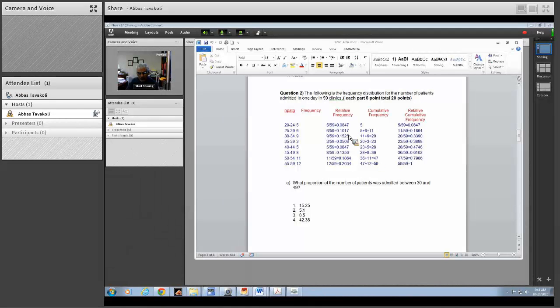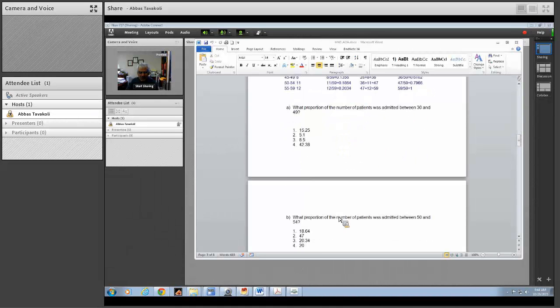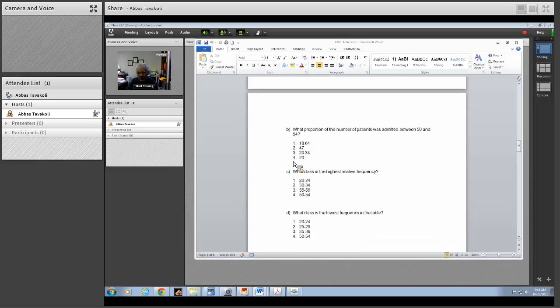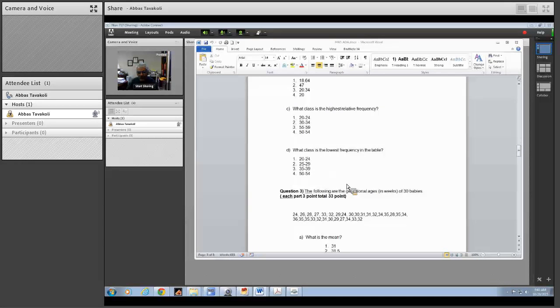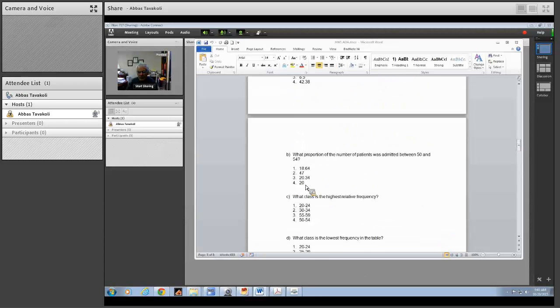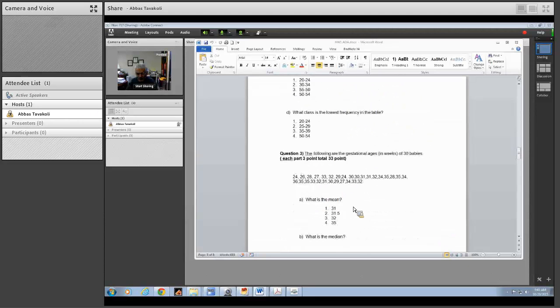You can add up the frequencies and divide by the total, or add up the relative frequency proportions. Then you can easily find, between 50 and 54, which class has the highest relative frequency and which class has the lowest frequency. So looking at the frequency, what is the lowest, what is the highest, answer that question.